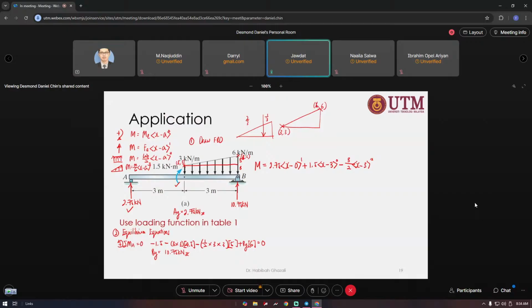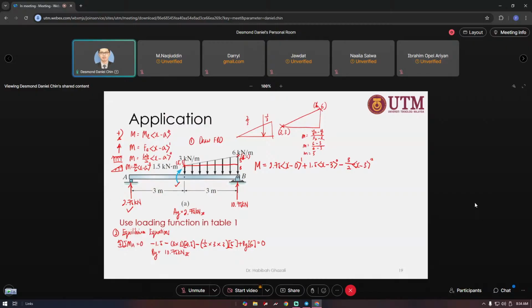Okay, agree, right? So according to the gradient formula, M is equal to y2 minus y1 over x2 minus x1. This is how you find the gradient. So M is equal to y2, which is 6 minus 3, divided by 6 minus 3.